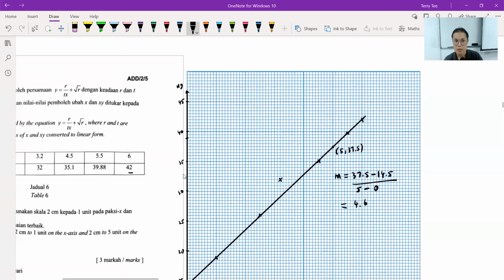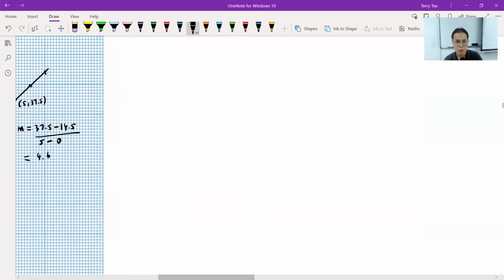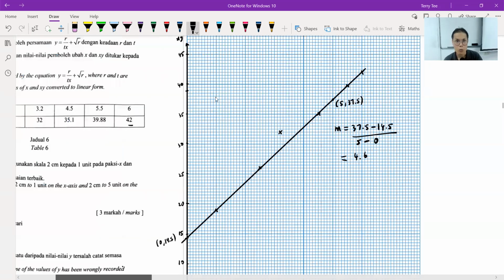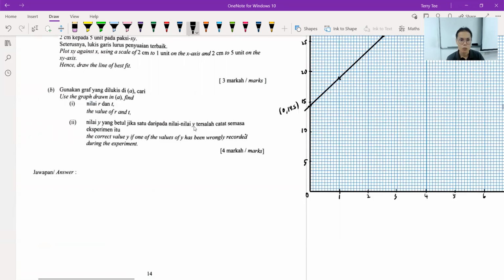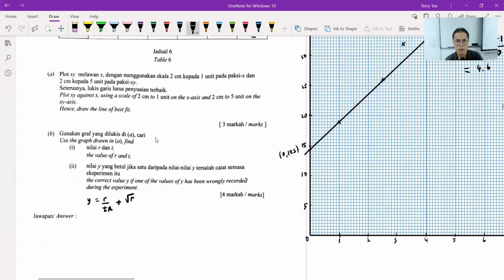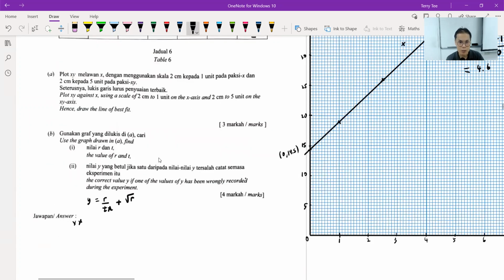All right. So we need to then go back to this equation here, and we need to compare. Convert the equation to linear form. This is y equals r over t x plus square root r. Let me do it here because I don't have enough space. y equals r over t x plus square root r. Now I need to multiply everybody by x, because you can see you're plotting xy versus x.